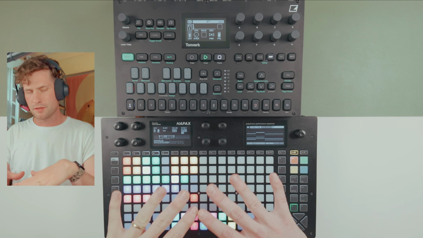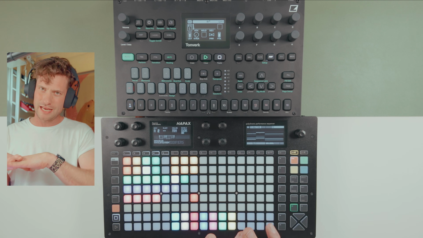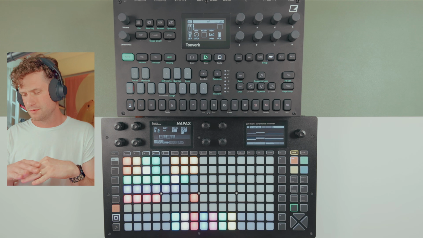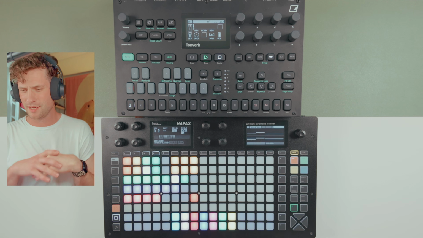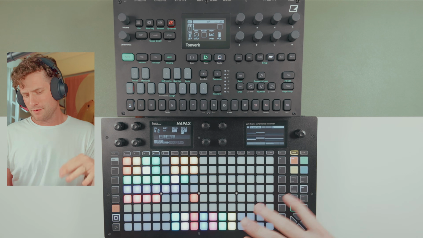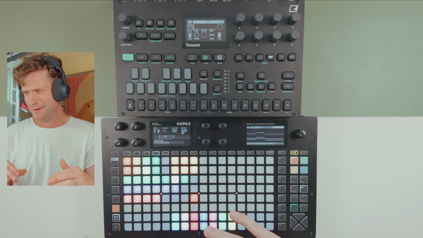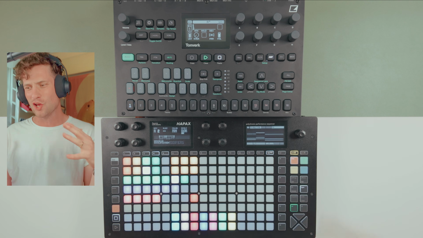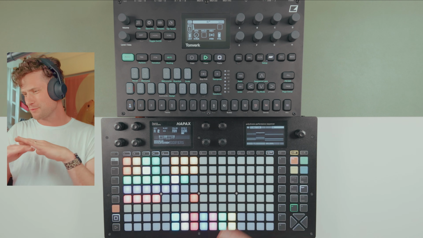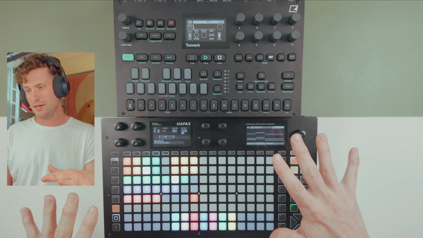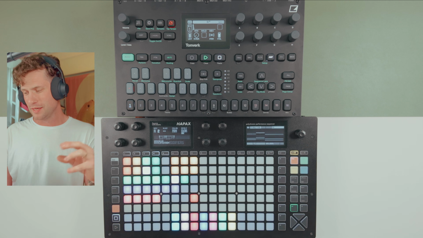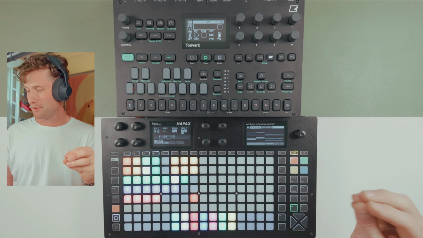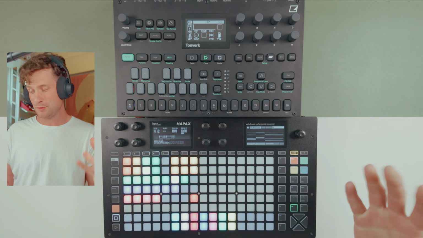So the tactile, the handsiness of the HAPAX alongside the craziness of the Elektron box, there is some magic happening that it just keeps unfolding.